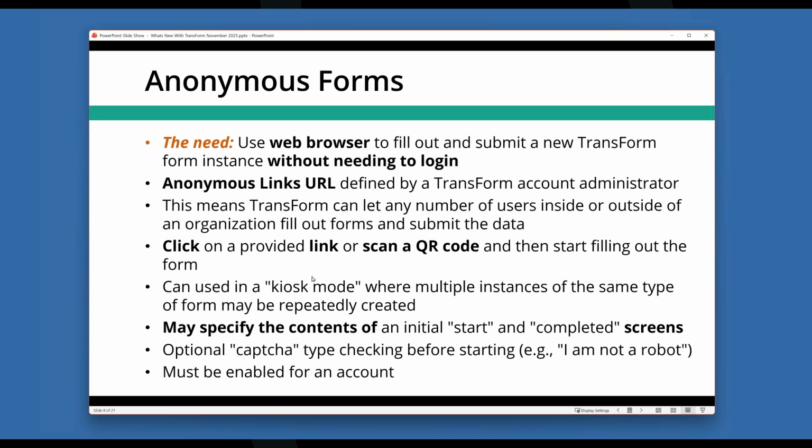And in order to do kiosk mode and a lot of other things, because this is for people who may not be familiar with TransForm, there are these extra screens. When the form administrator creates each particular anonymous link, you can specify the contents of a start screen and a completed screen.